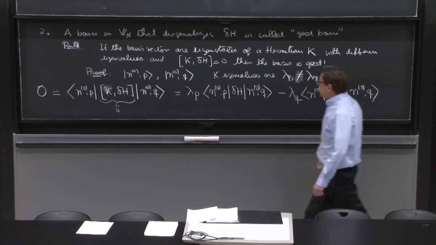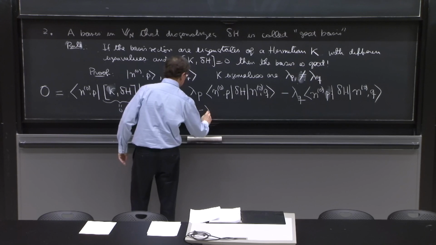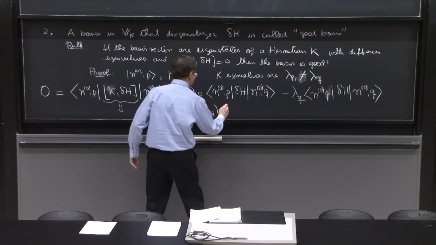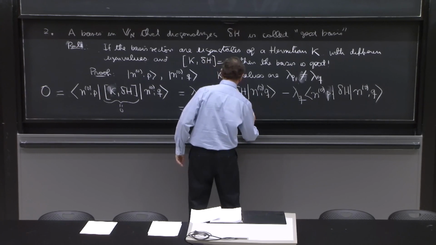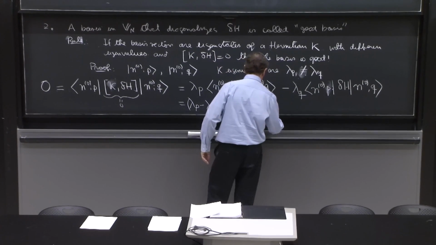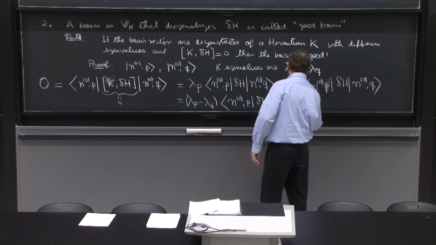So this is equal to lambda p minus lambda q times n0 p delta H n0 q. It's the same factor for both terms.